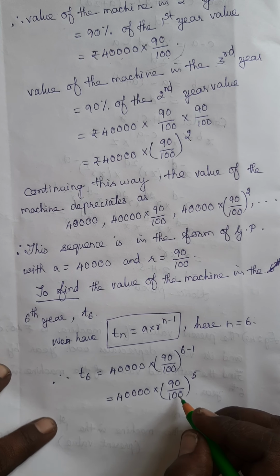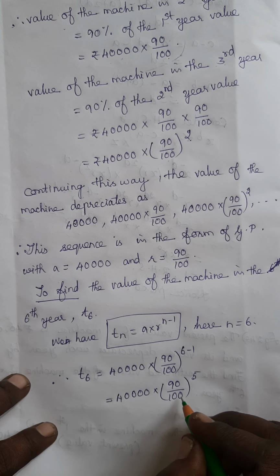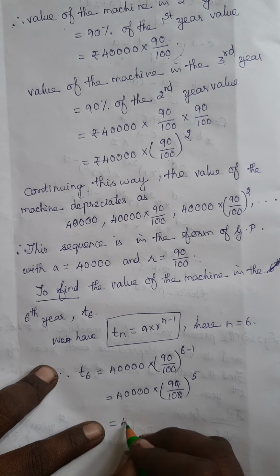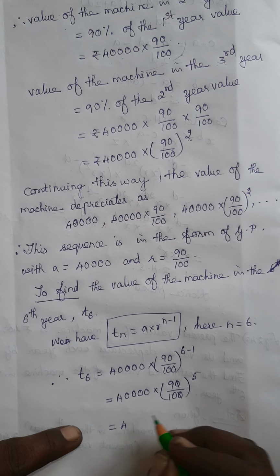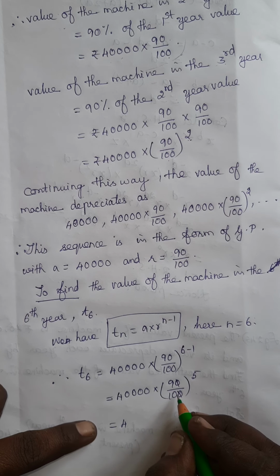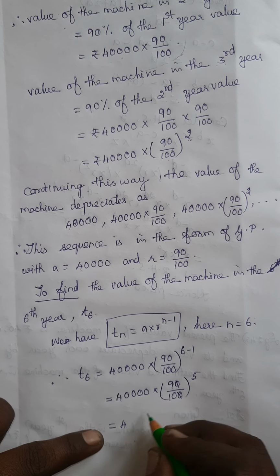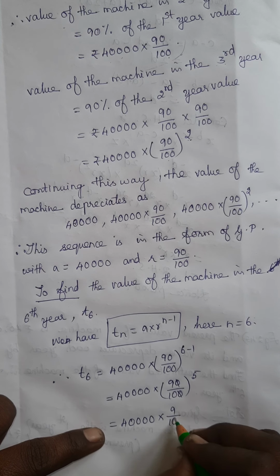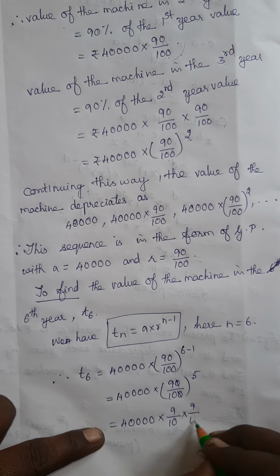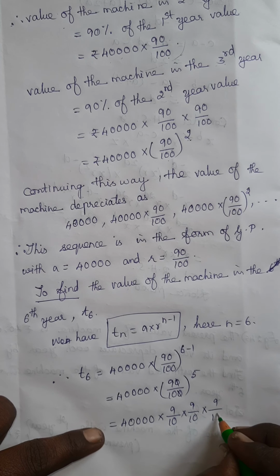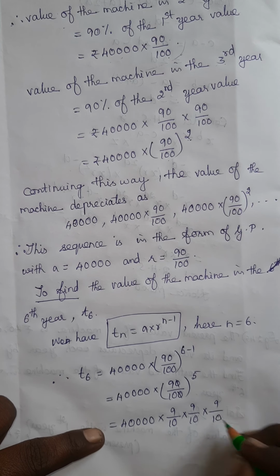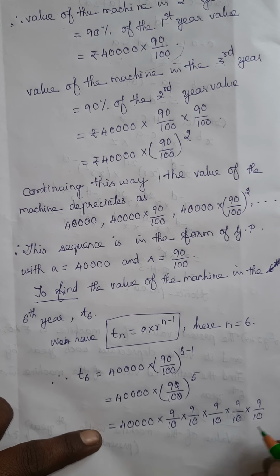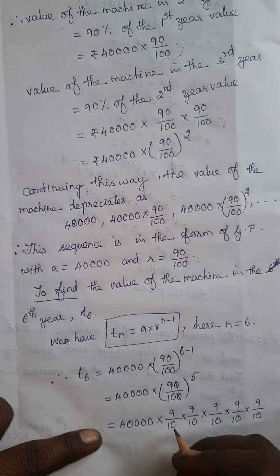We can reduce this. This 0 you can cancel. Here itself you could cancel first, but we should know what value is decreasing; that's why we did it that way. So 40,000 into 9 by 10 into 9 by 10 into 9 by 10 into 9 by 10 into 9 by 10. You can cancel the zeros.